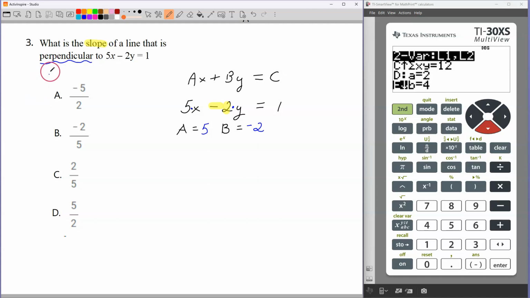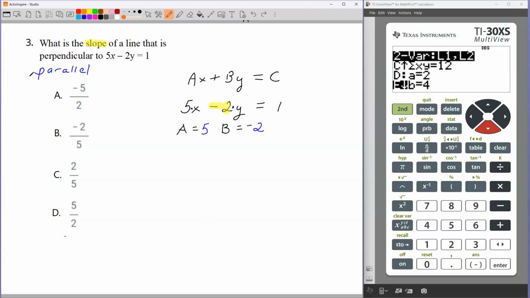Now it asks for the slope of a line that is perpendicular. It might on the test ask you to find the slope of a line that's parallel. Might be one or the other, okay? So it might say perpendicular, which it does in this problem. It might say parallel.